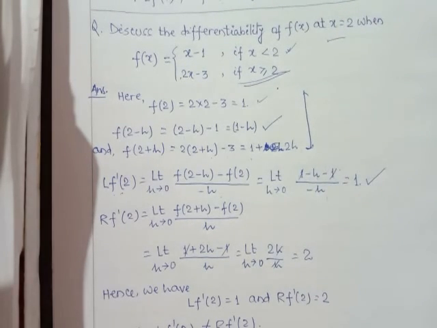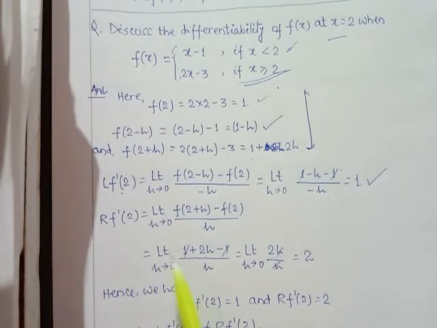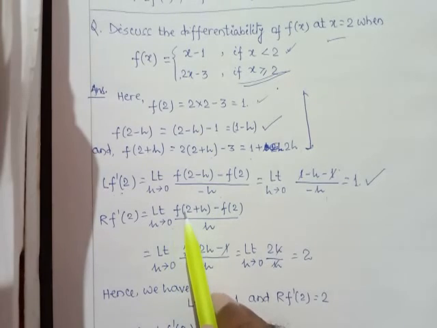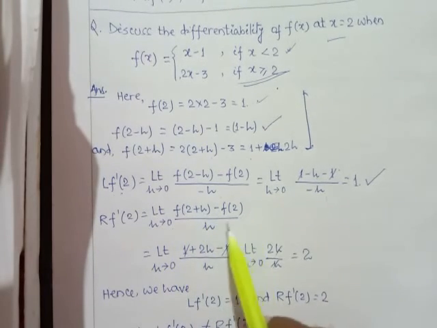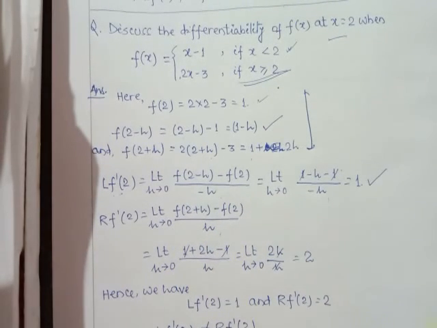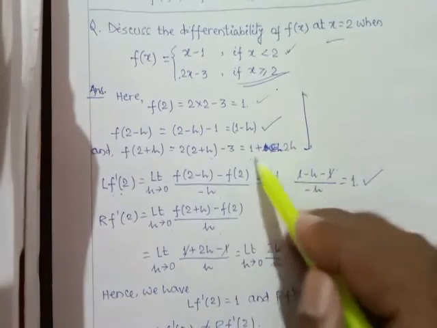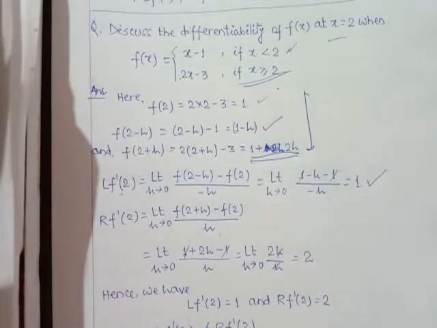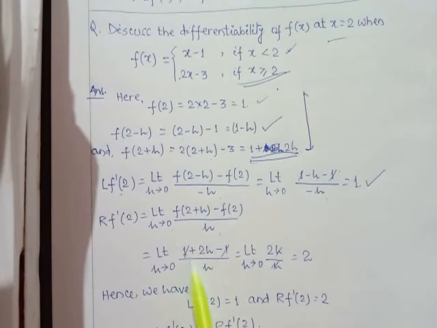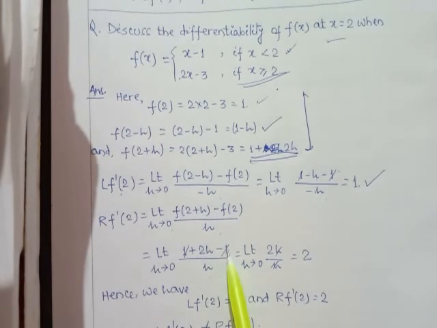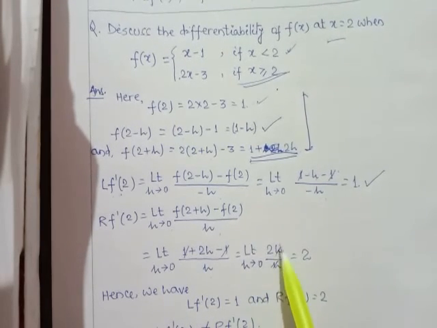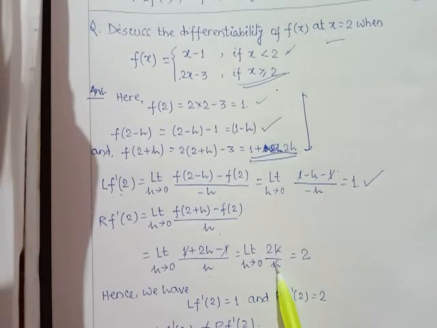Similarly, the right hand derivative is limit h tending to 0, f(2 plus h) minus f(2) upon h. You have obtained f(2 plus h) is 1 plus 2h. So 1 plus 2h minus 1 upon h. See here, 1 and 1 cancel. How much is left? Limit h tending to 0, 2h by h. Again h and h cancel. So only 2 is left.